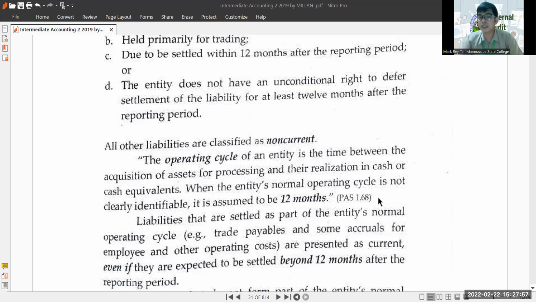Pero syempre, in reality, if we apply it into business, hindi naman ganun kasimple yun. Kumbaga, yung pagbili ng merchandise inventory, that is simple if kung retailer ka or sabihin nating end user ka, katulad nating lahat. For example, yung small time na business, sabihin natin sari-sari store, di ba?